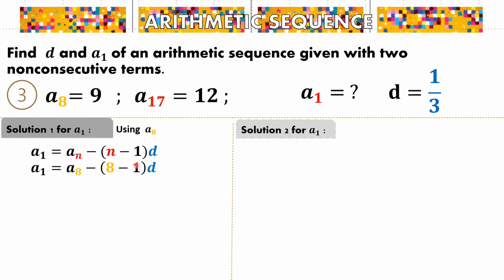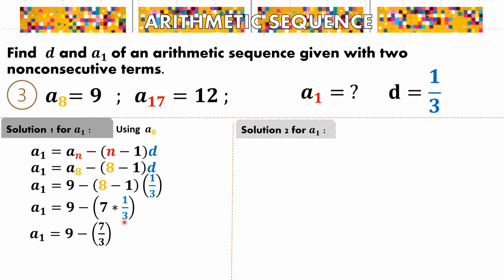So a sub 8 is 9 minus 8 minus 1 times d, which is 1/3. And that is a sub 1 equals 9 minus 8 minus 1 is 7 times 1/3.